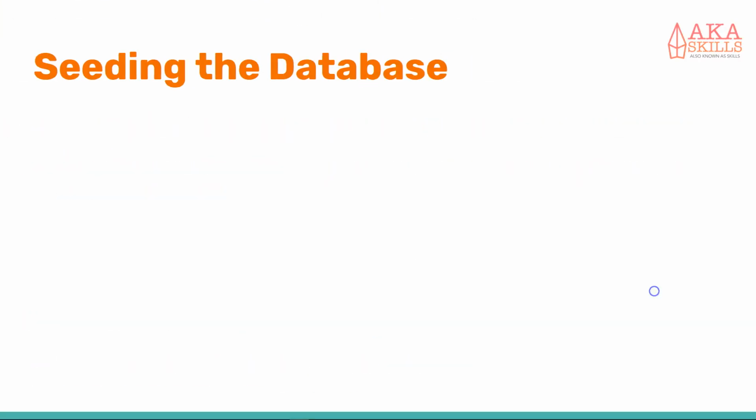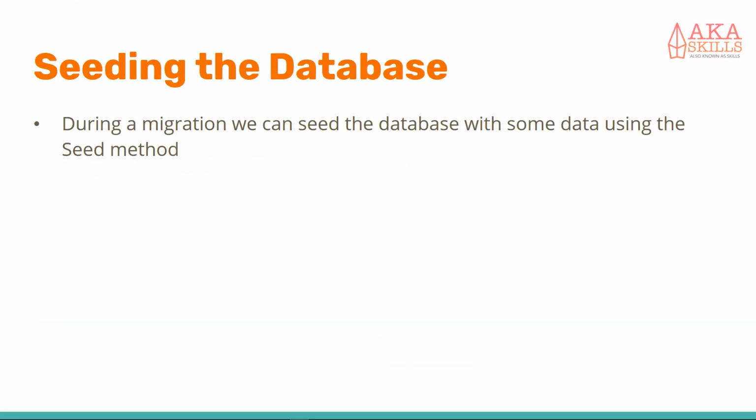Seeding the database. During a migration, we can seed the database with some data using the Seed method. What's that? Every time your database is created or some migration has been done, after the migration is done, Entity Framework calls one method, which is Seed. What's the purpose of this method? If you want to seed something in your database, you can add some initial data, and you're going to have test data.